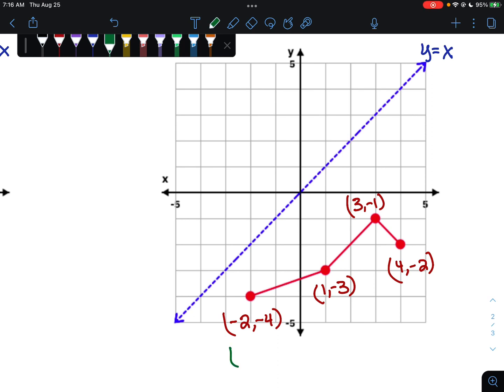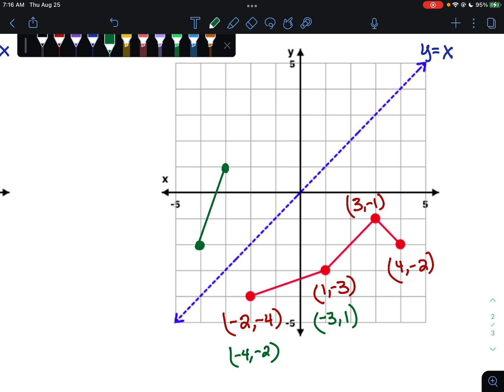So we have negative 4, negative 2 right here. I would have negative 3, 1. Negative 3, 1 is this point up here. I'm writing the wrong points.